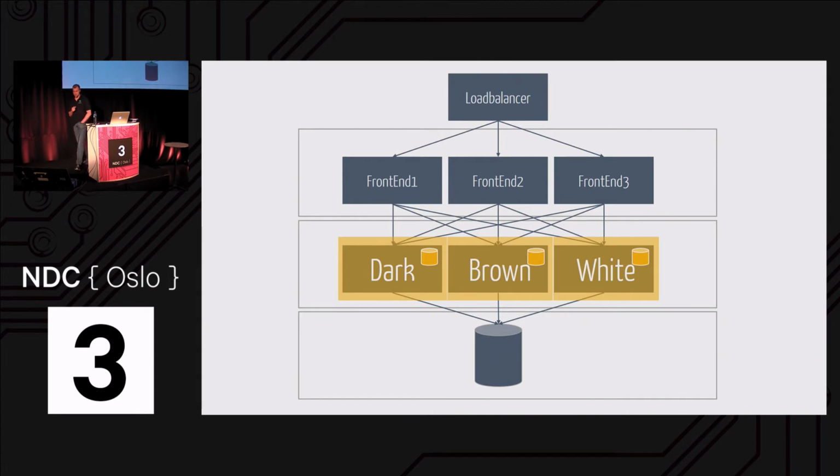A named partition works when you can bucket your data into multiple buckets. And in this example, we could, for example, bucket our data in dark chocolate, brown chocolate, and white chocolate, right? Other examples would be buckets like regions, postal codes, customer groups, or other self-invented business boundaries that you have in your bounded context.